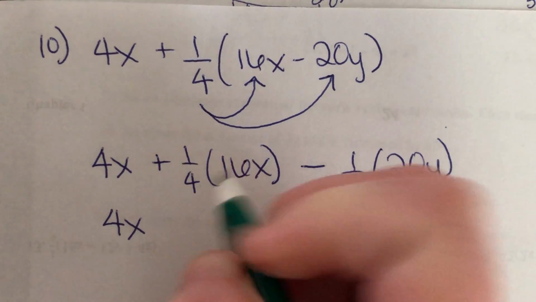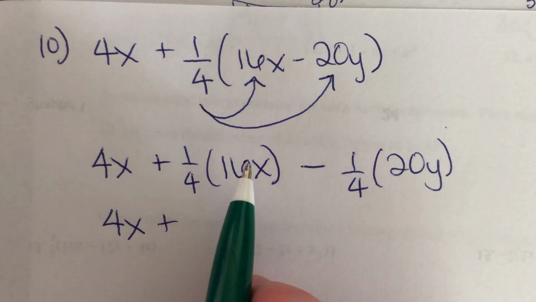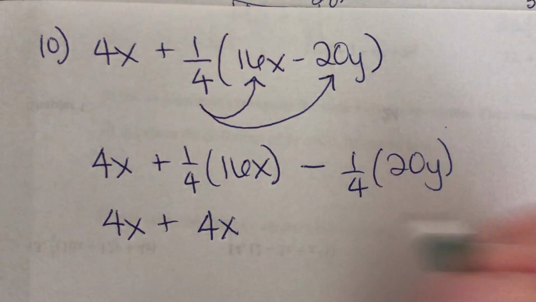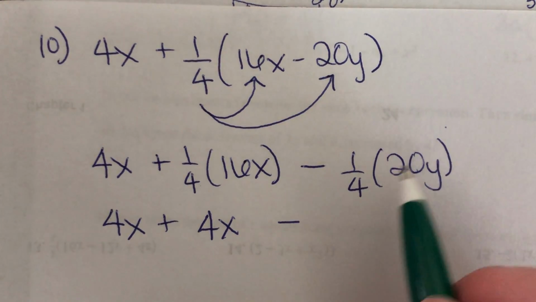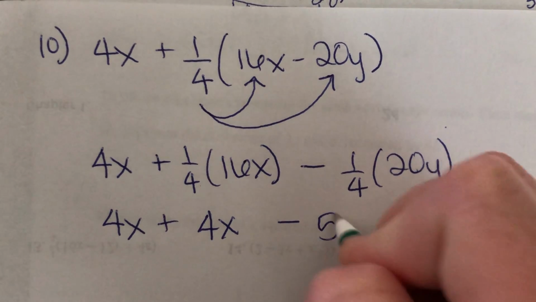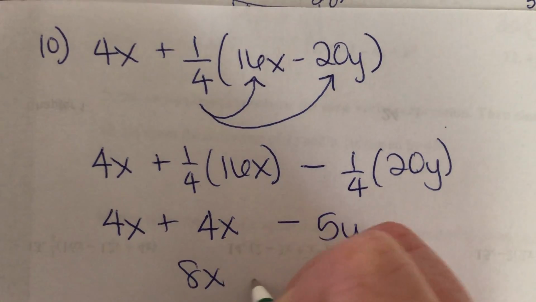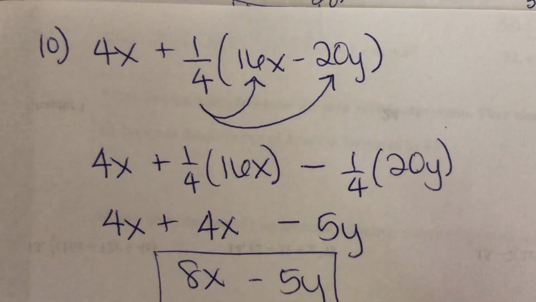So 4x plus 1/4 times 16. It's like saying 16 divided by 4 is 4x. Bring down my minus sign. 1/4 times 20. What's 20 divided by 4? 5y. And then I could keep going and say 8x minus 5y. And I can't simplify anymore. There's no equal sign. I have two variables. That's as far as I can go.